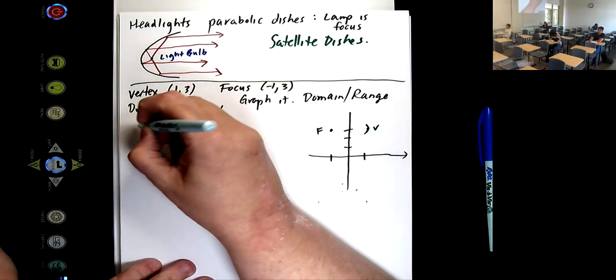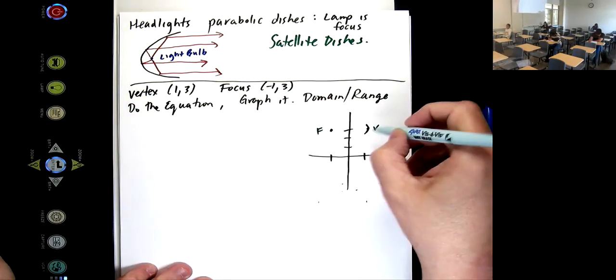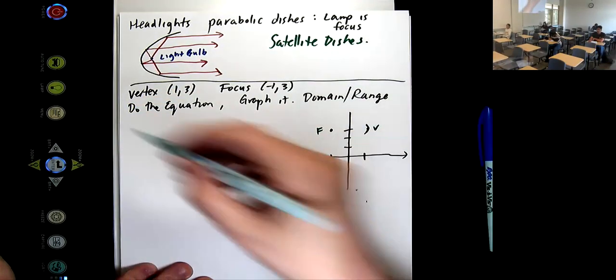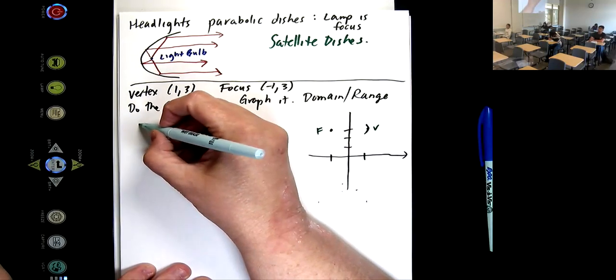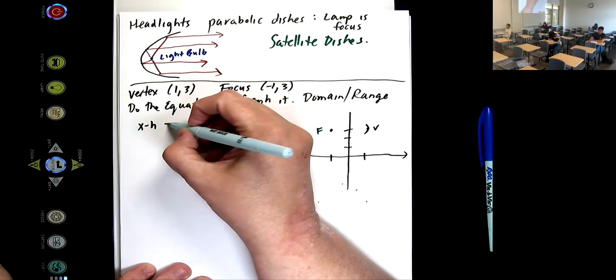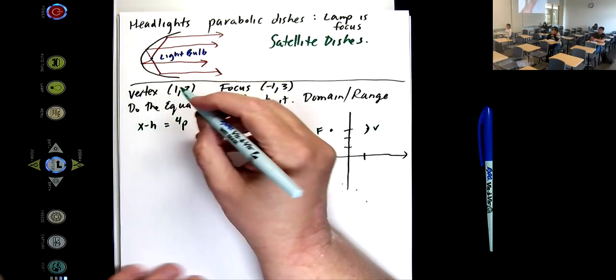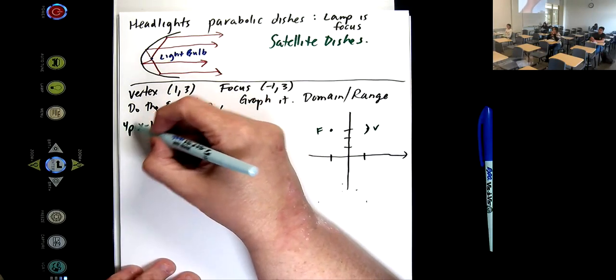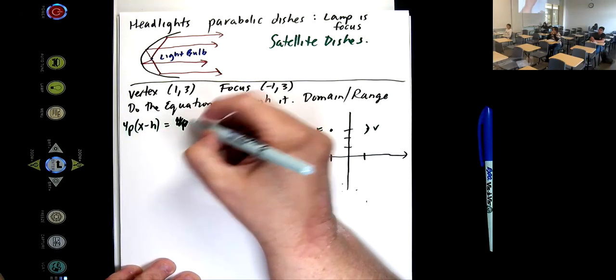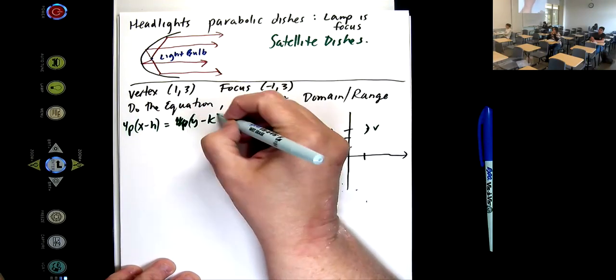Which means I'm in the form where the squared term has got to be y. So I've got x minus h equals 4p times (y minus k) squared.